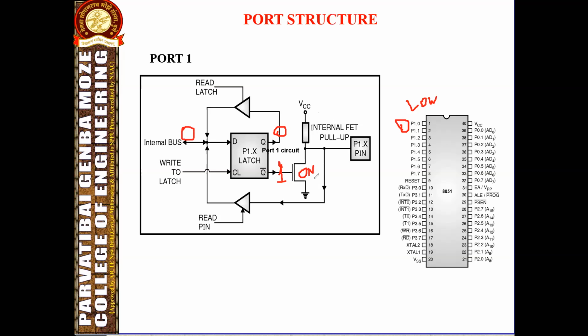Then what will happen? After this FET becomes on, the current flows in this direction, like this. Here nothing is output on these pins. These pins remain low. So for the read operation, the low signal should be given to these pins. So how do we read these pins?